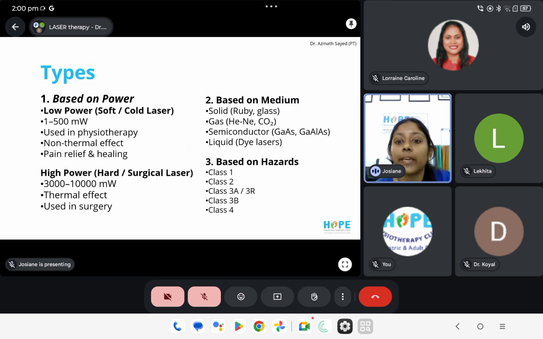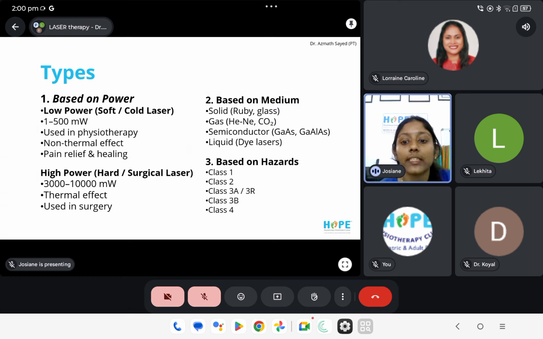class 4. This is based on hazards. The lower the wavelength is, the deeper the penetration.